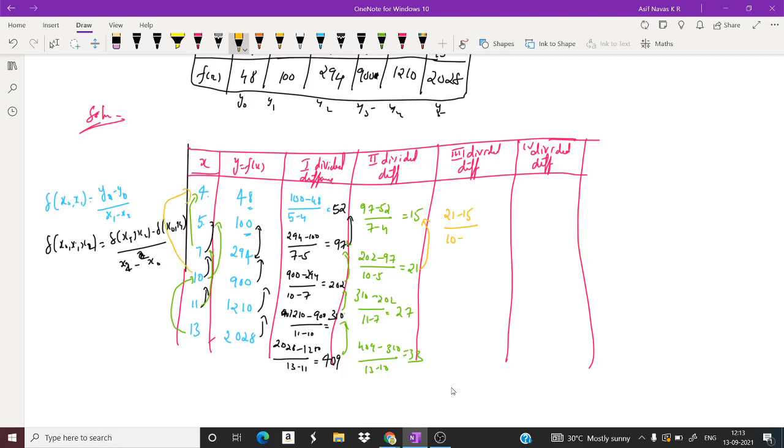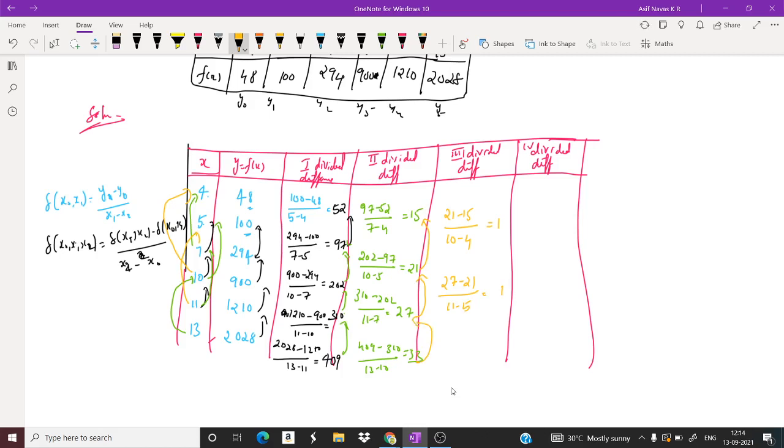That is equal to 1. Now again this minus this, 27 minus 21 divided by 11 minus 5, that is again 1.